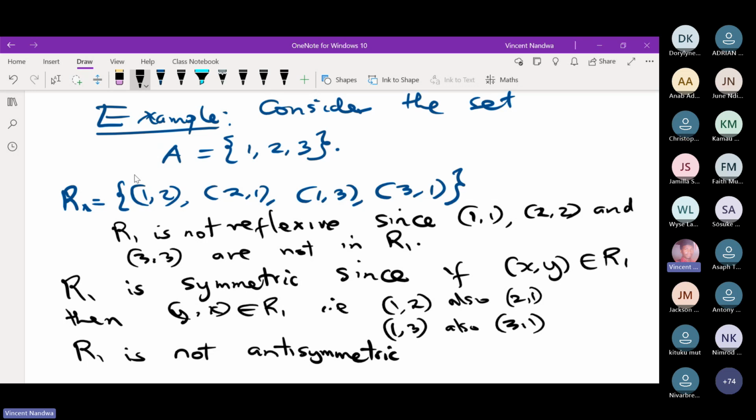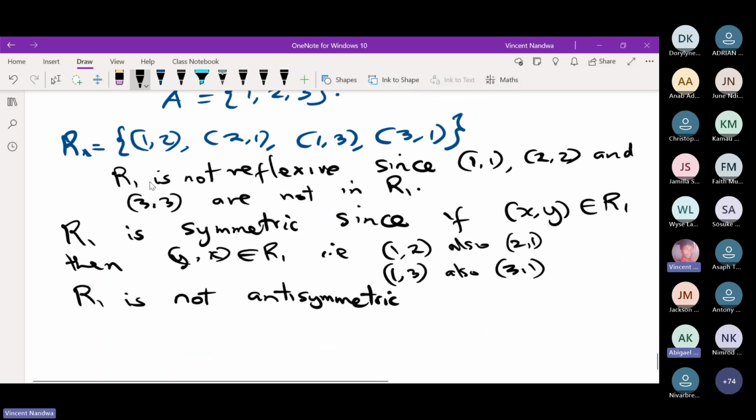How did we define antisymmetric relations? Remember, antisymmetric says that if element x, y is in R and y, x is in R, then it implies that the two elements must be the same, x equal to y, which is actually not true. 1 is not the same as 2.